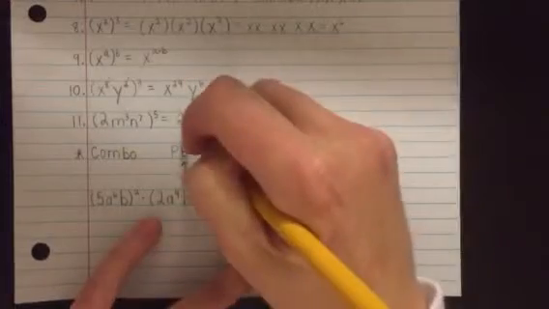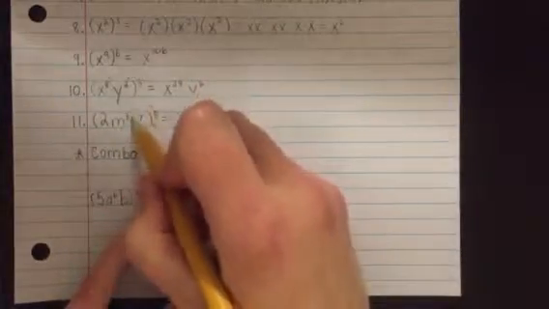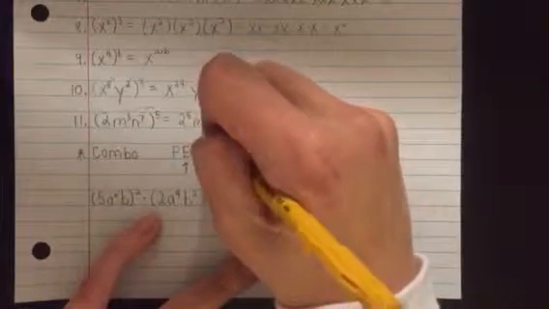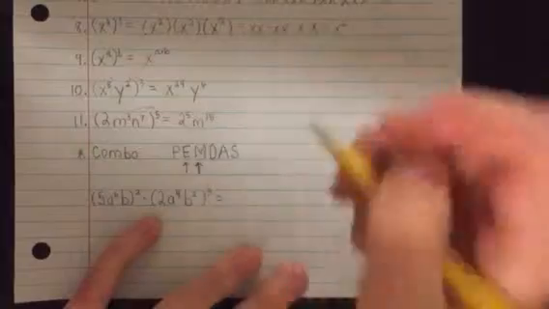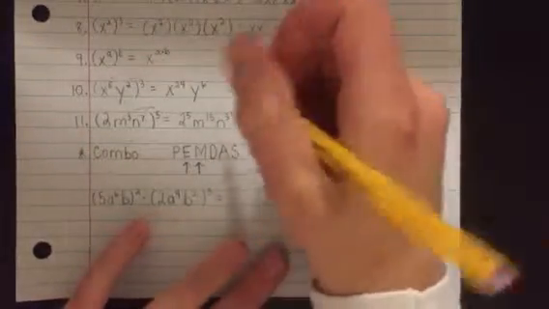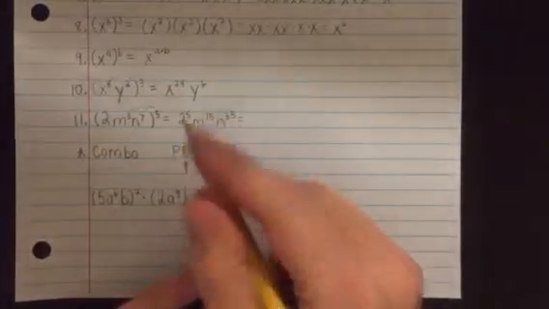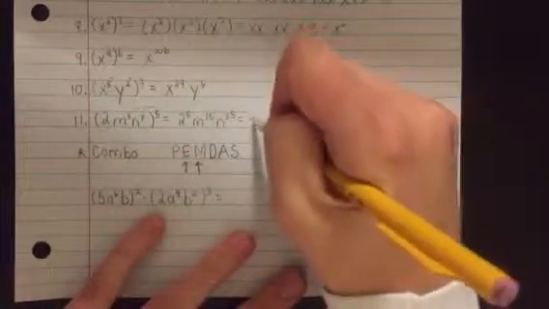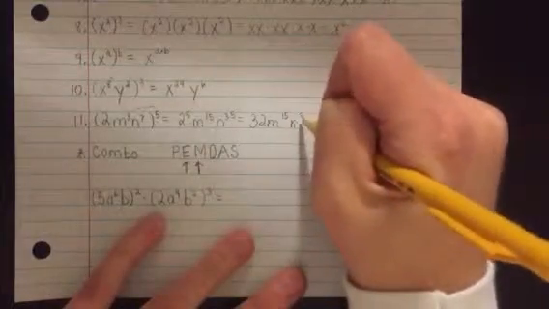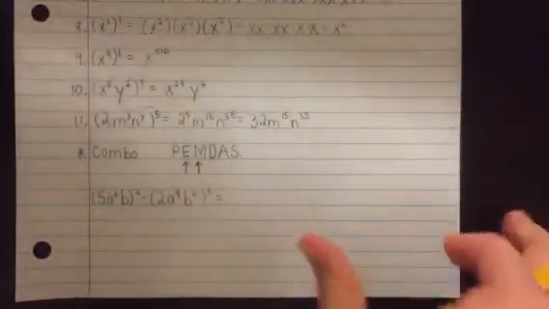Okay, so you're going to do that, and then you're going to use your rule that you multiply these numbers here. So I've got 2 to the 5th power, m to the 15th when I multiply, n to the 35th. So once I do my math of 2 times 2 times 2 5 times, that's 32, m to the 15th, n to the 35th. Okay?